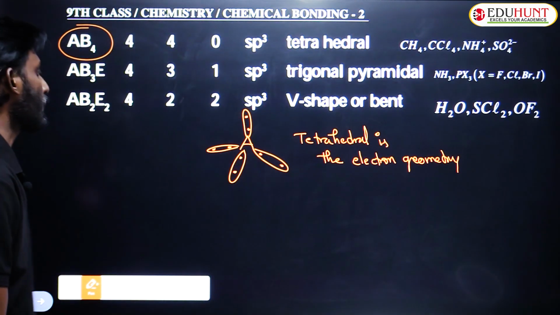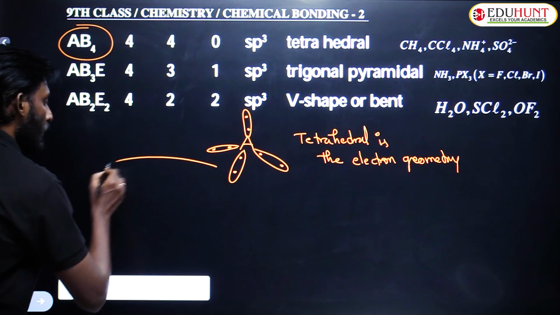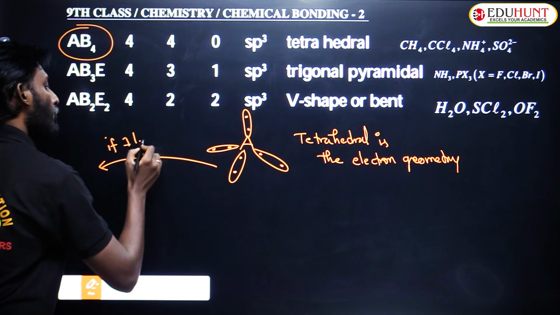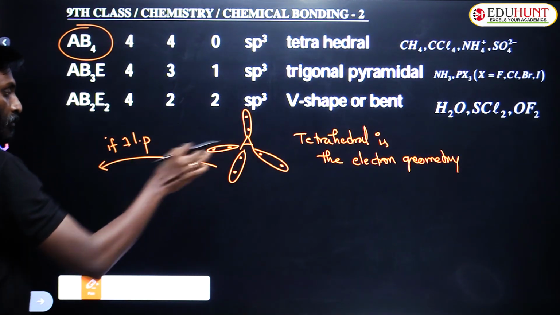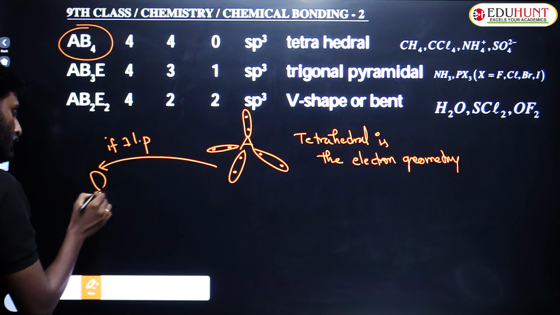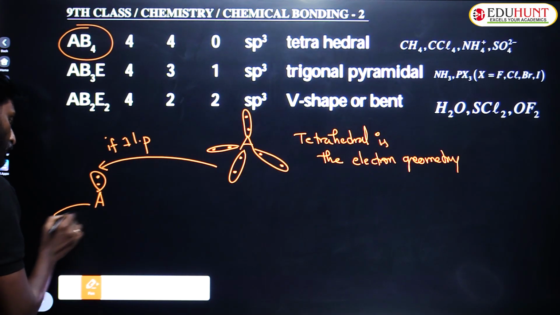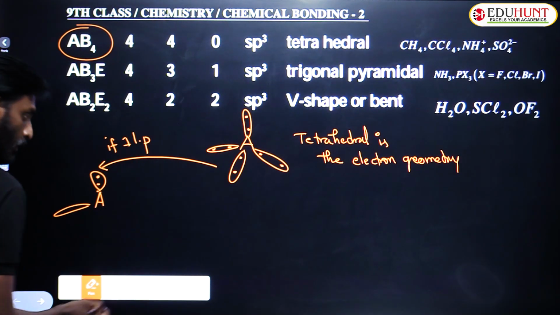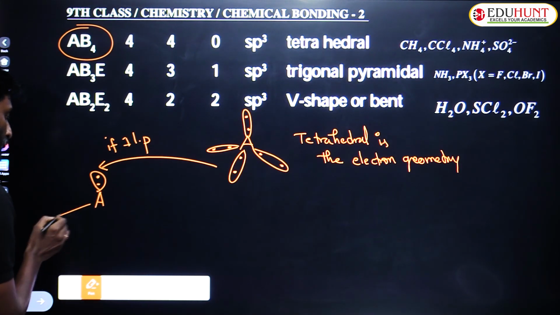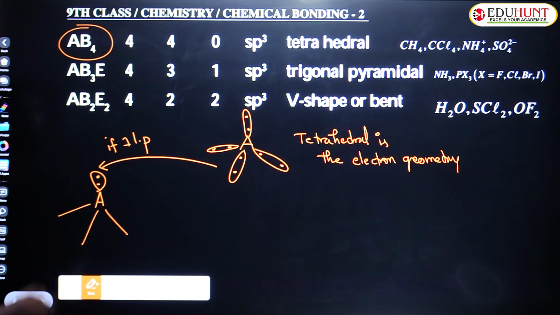Now, what if among these 4 pairs there is one lone pair? Let us say this is the one lone pair and the rest of the 3 are bond pairs. No problem.